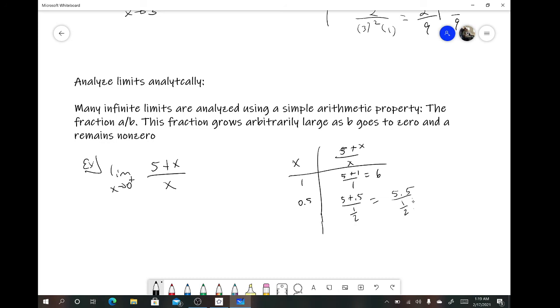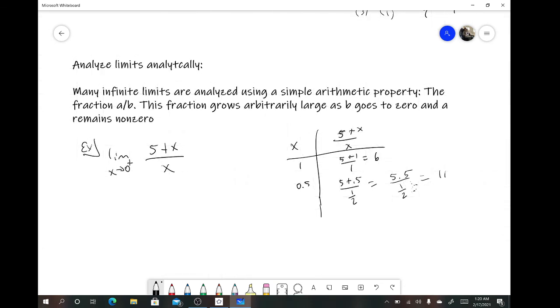Well, instead of dividing by 1/2, I could multiply by 2 over 1. So this is a complex fraction, and we could just multiply instead of divide. So that will be, I believe, 11.